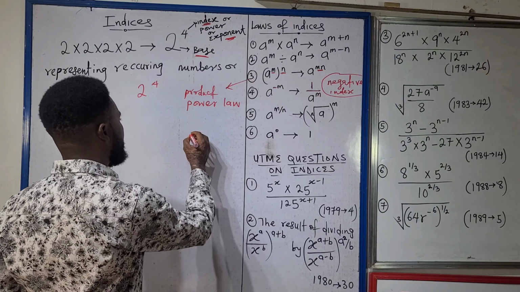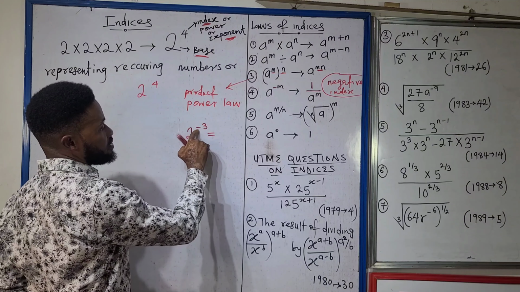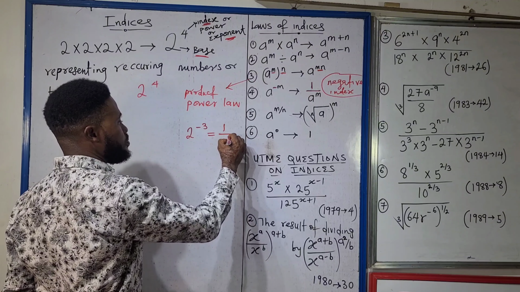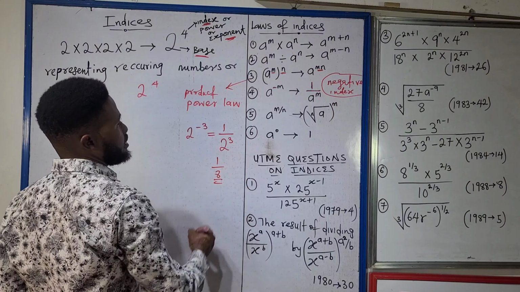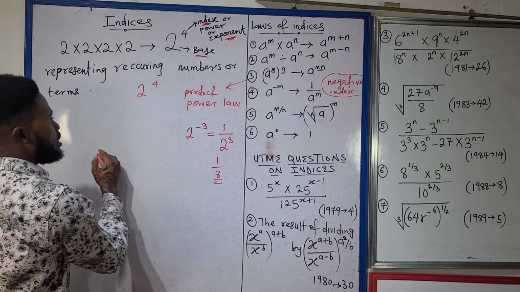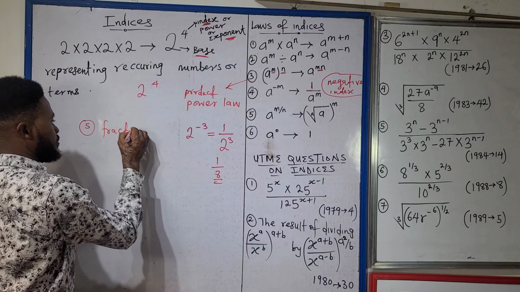So which means if I'm having, let's say, 2 raised to power minus 3, this negative sign as the power is going to give me 1 over 2 raised to power of 3. Of course, 2 raised to power 3 is 8.